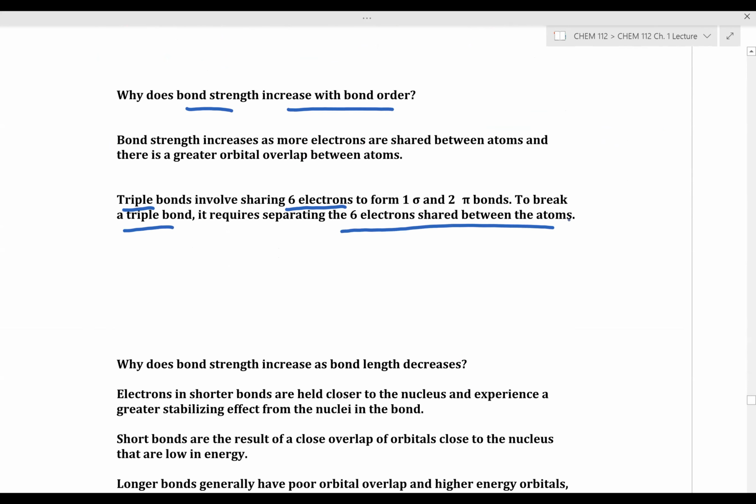So for example, if we take a look at a carbon-carbon triple bond, such as that found in acetylene, we have a substantial amount of orbital overlap between our two atoms, right? In this triple bond, how many total bonds do we have? How many sigma and pi bonds? 2 pi bonds and 1 sigma, right?